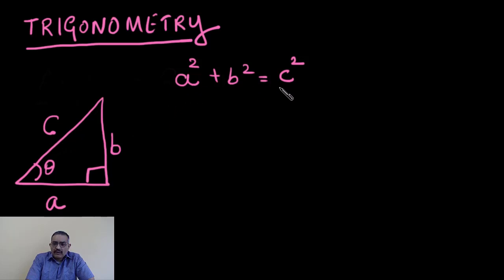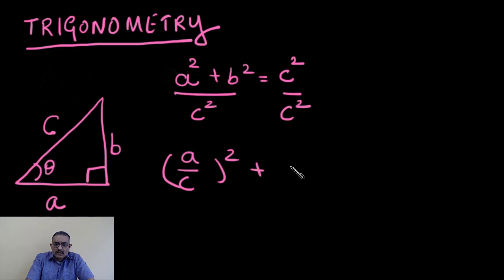Now let's just divide both sides by the hypotenuse squared. So c squared over here and c squared over here. What we get is (a by c) squared plus (b by c) squared is equal to 1. So this is essentially 1. This c squared goes into each of these terms, and I have taken the liberty to put that into brackets.